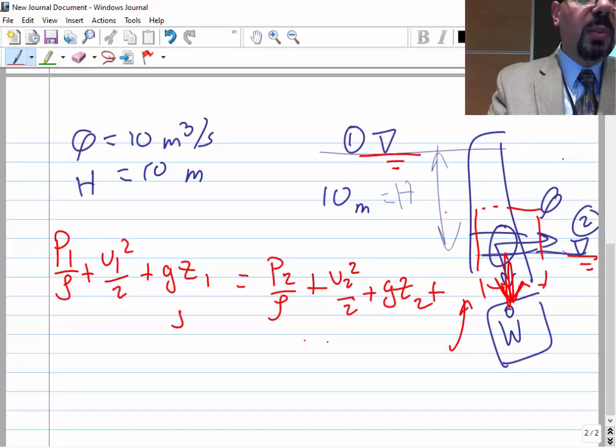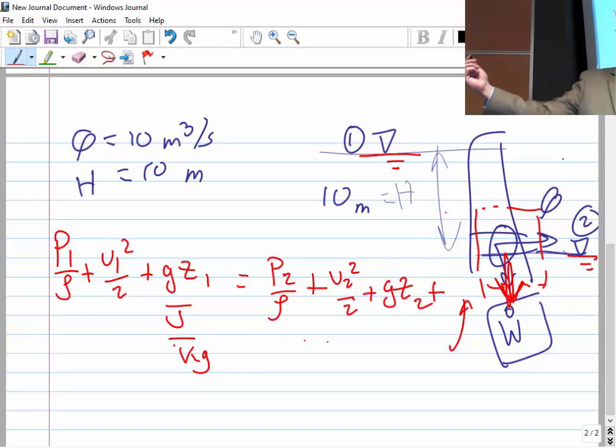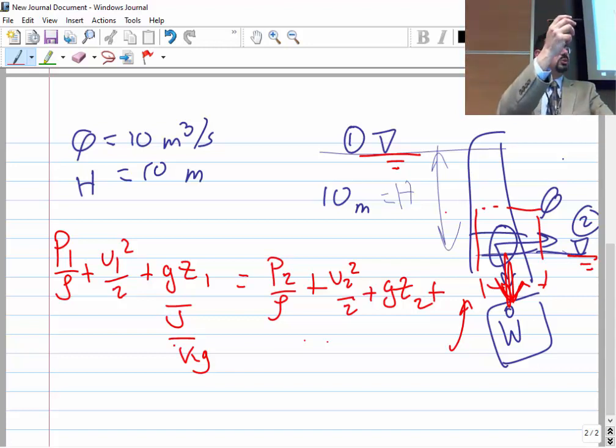Joule per kilogram. It's not that clear why it's joule per kilogram, but it will be clear if you remember the kinetic energy for a sphere. If this pen travels like this, and I asked how much energy it has, you would say half mv square.